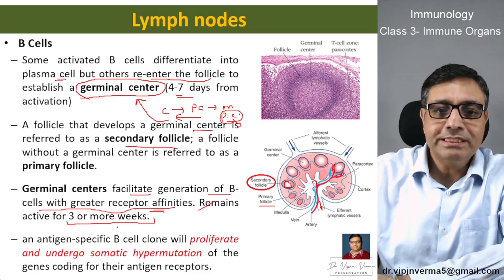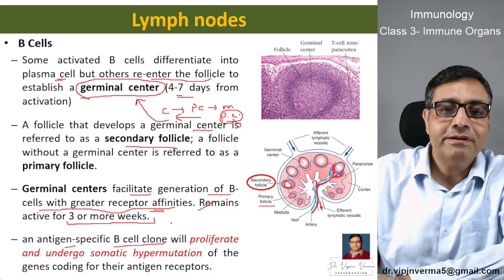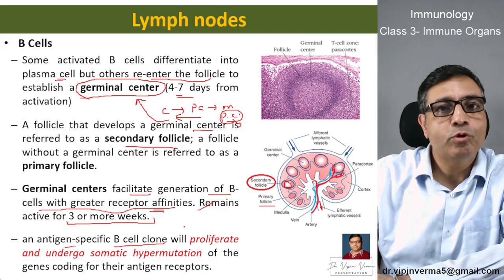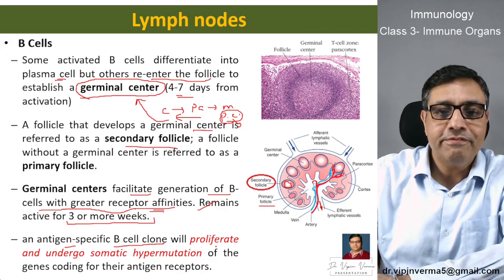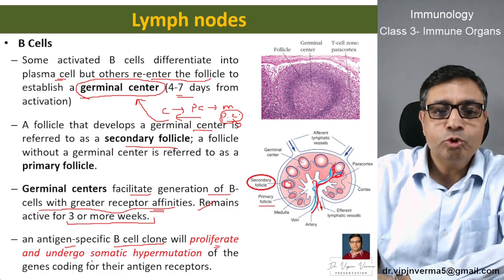An antigen-specific B cell clone, meaning one receptor will bind only to one epitope of an antigen, will proliferate and undergo somatic hypermutation.